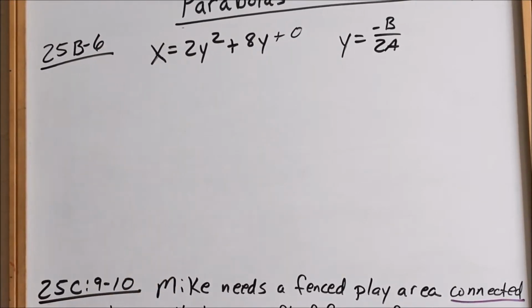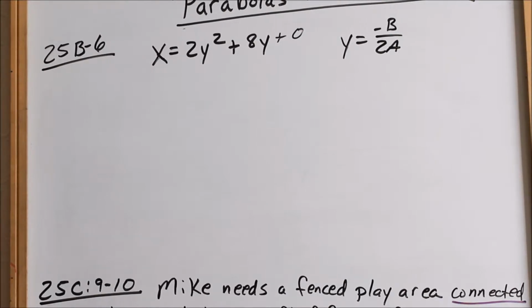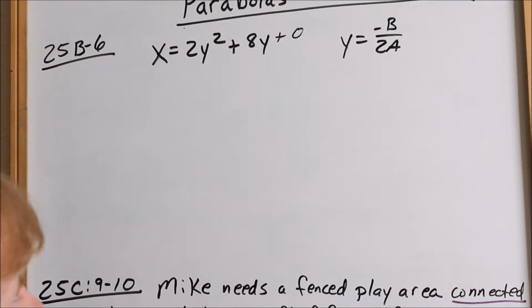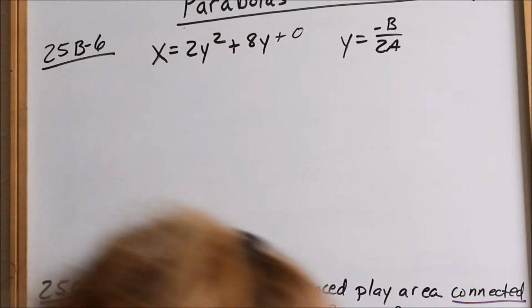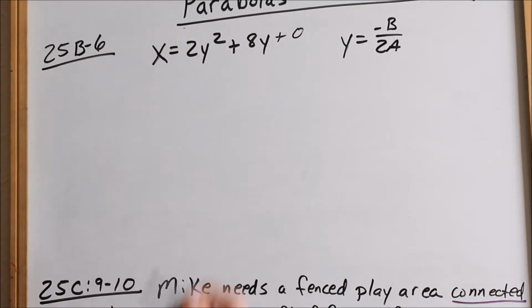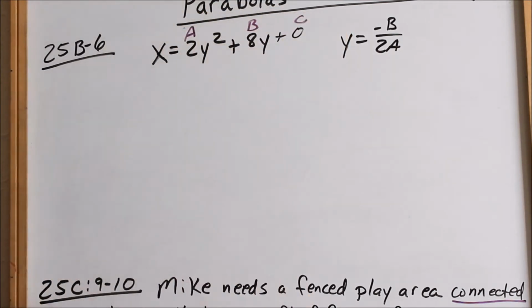When you have right-left parabolas, you don't call the vertex a maxima or minima. You only call the vertex a maxima or minima when you have up and down parabolas. So now I need to find the y-coordinate of the vertex. And again, this is still my a, b, and c values from the coefficients.